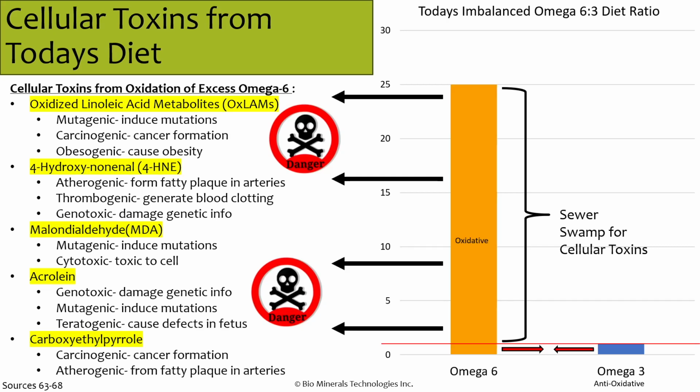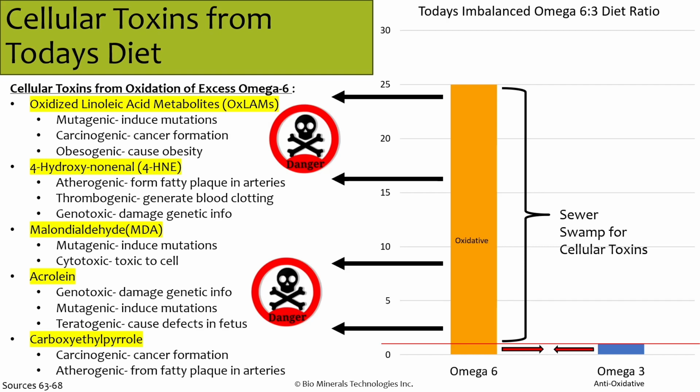The proper ratio historically for health has always been 1 to 1. And so we have an excess of up to, on average, 24 omega-6s that we do not have the antioxidant capacity to deal with. This excess oxidation.